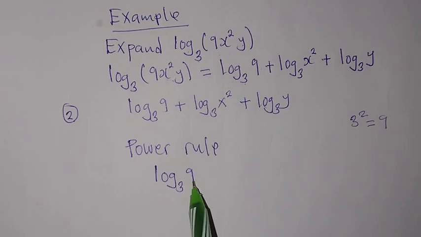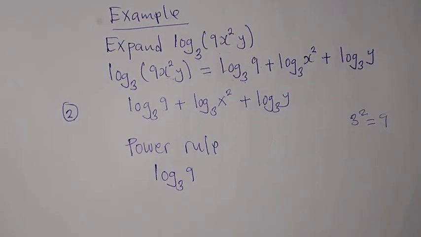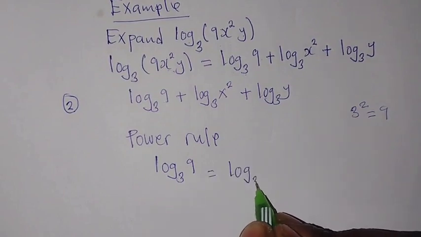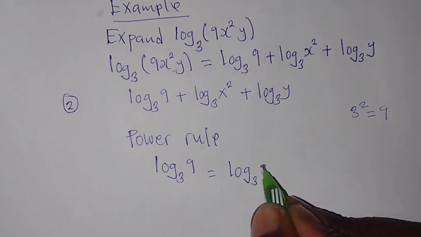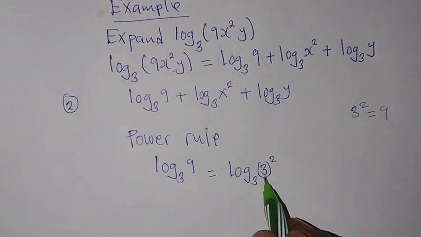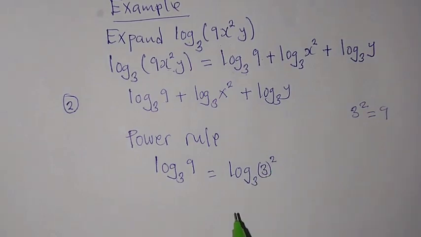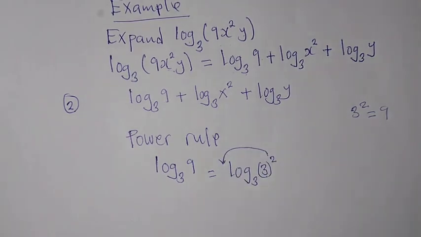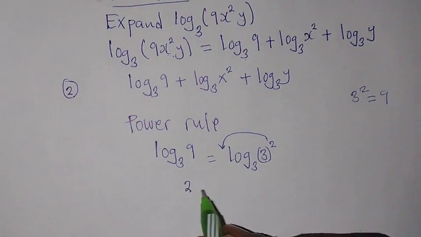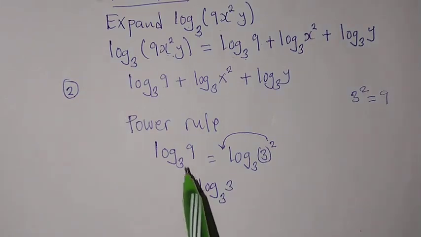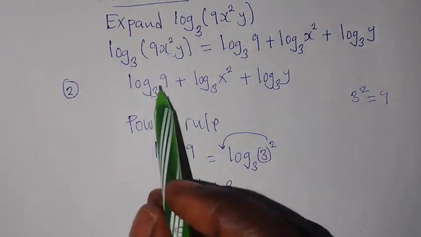So I'll write it as log with a base of 3 of 3 squared, because 3 squared gives us 9. We are applying the power rule, where we can take the 2 to multiply with the log. So this will be 2 log 3 of 3.